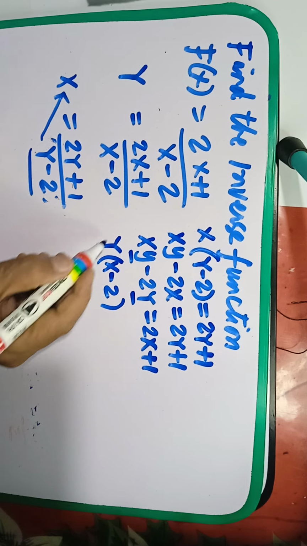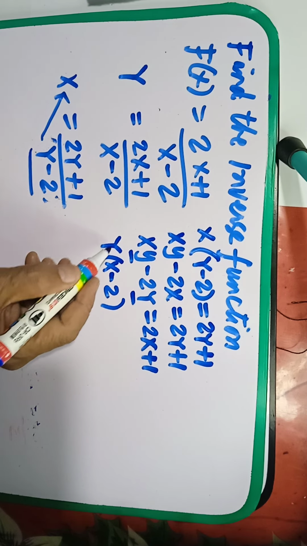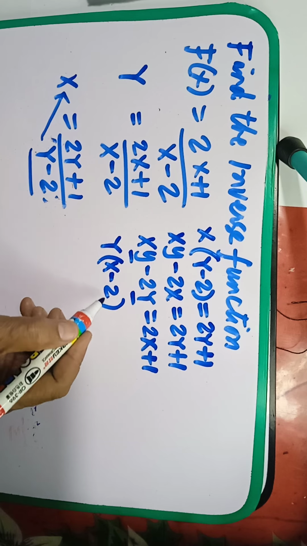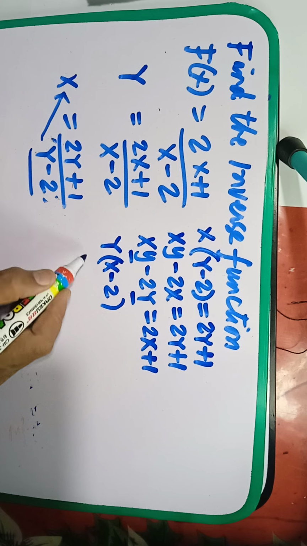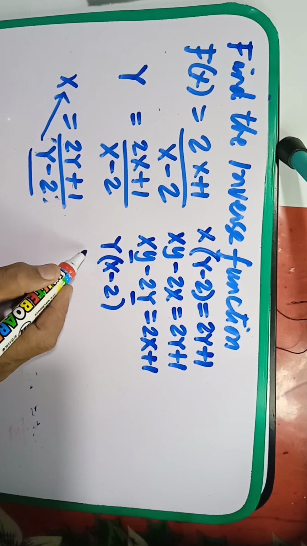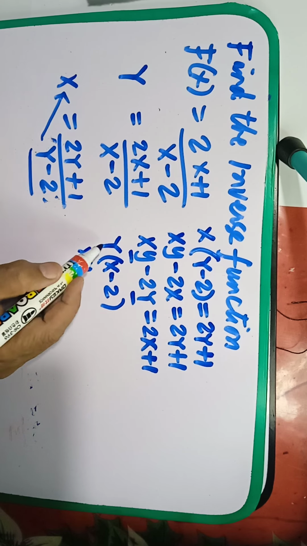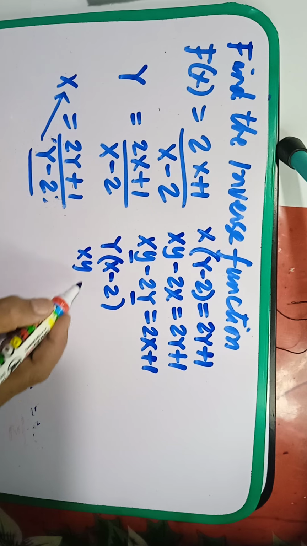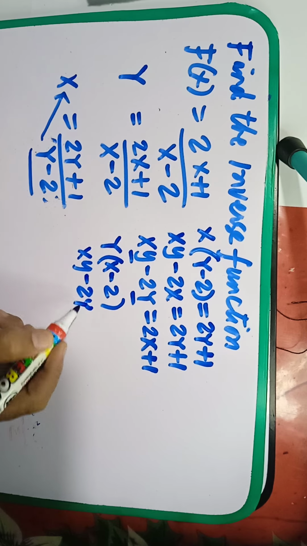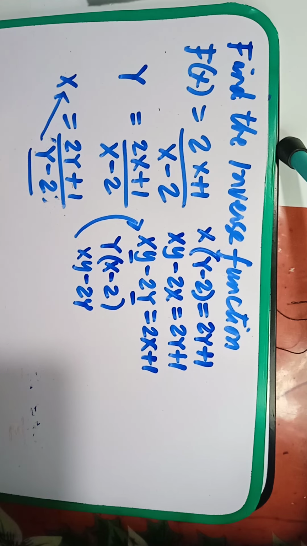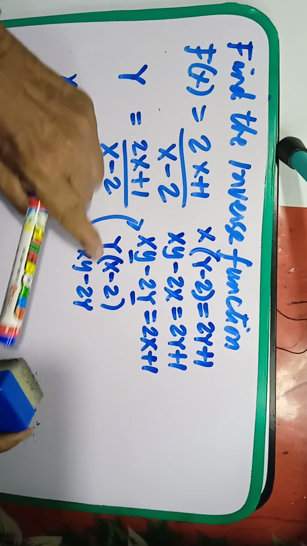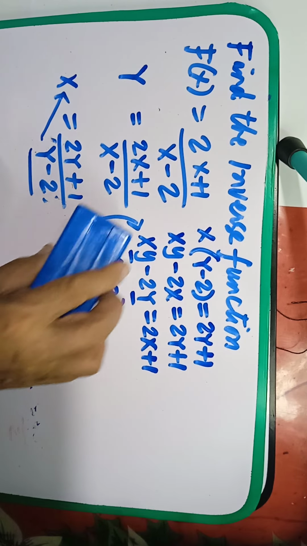Why, class? Because if you are going to distribute y to the terms in the parenthesis, that will still become xy minus 2y. Look, y times x is xy. Y times negative 2 is negative 2y. So just the same. So we factor out y here.